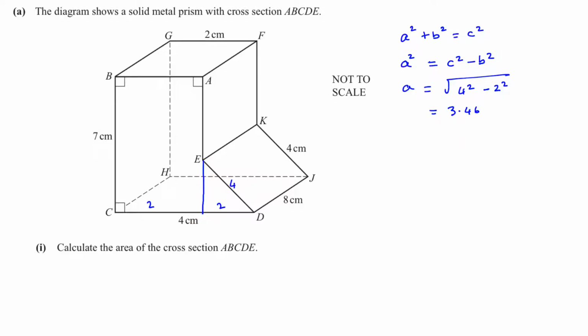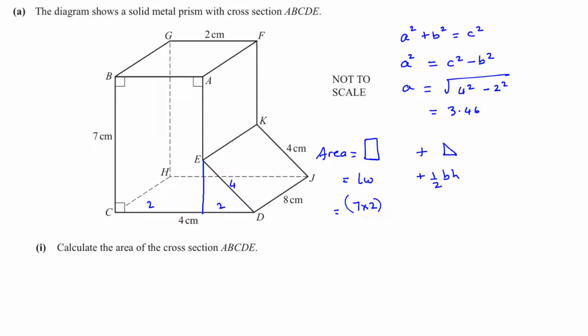To find the area of the two shapes, we have to find the area of the rectangle plus the area of the triangle. Area of the rectangle can be found by using the formula length times width, and area of triangle is half times base times height. The length is 7 and the width is 2.